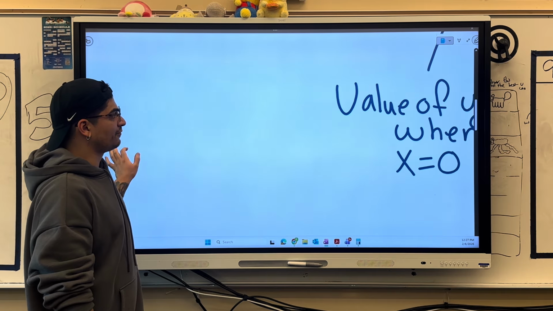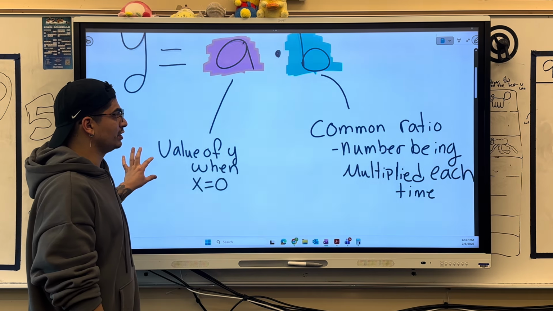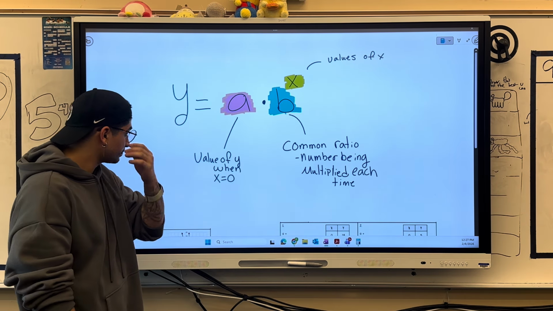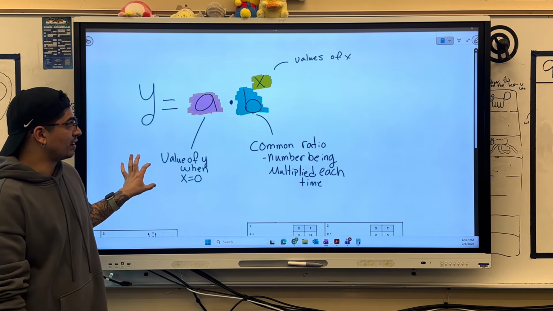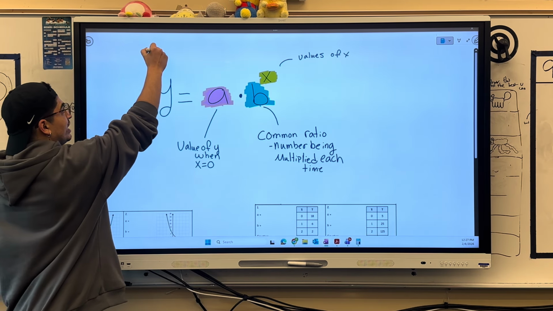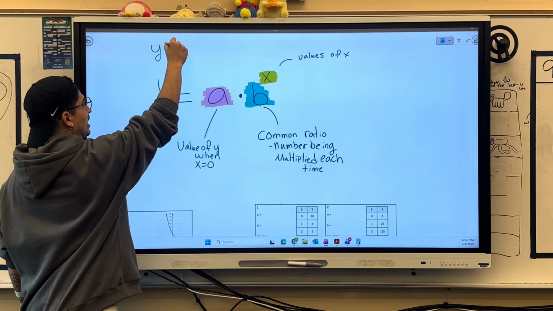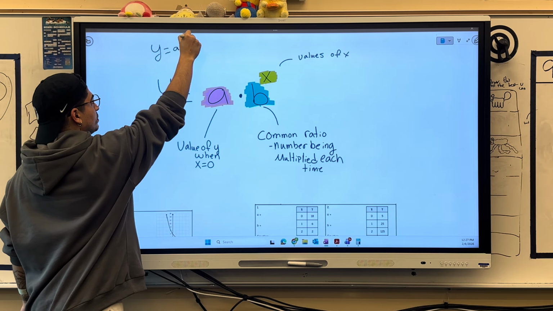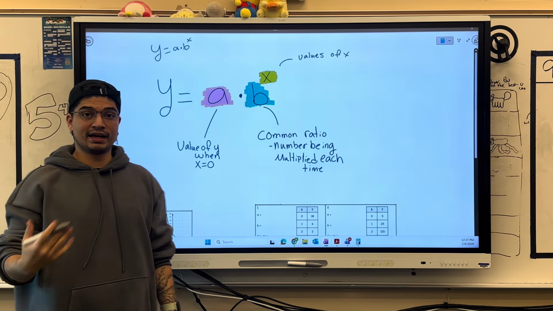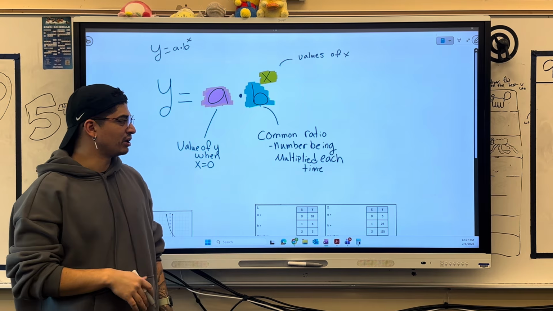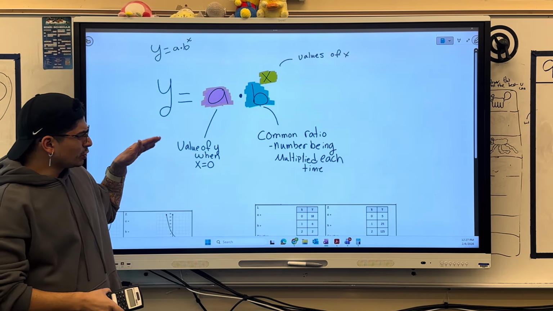Now, our equation is built of three things, right? I'm just going to write it to the side without the highlighter. We have y is equal to a times b, with our b having a variable as our exponent. So what is our a?